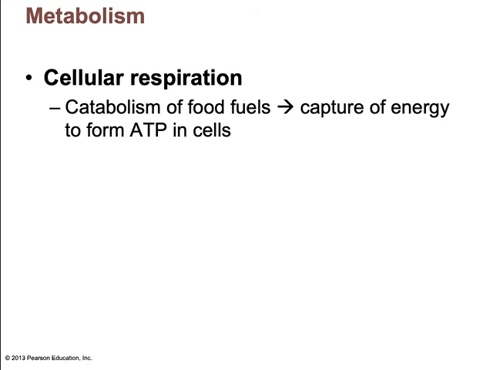Respiration is just the breakdown of the fuel that we take in, taking the energy from that fuel and using that to generate ATP. The net equation is glucose plus oxygen yields carbon dioxide and water.